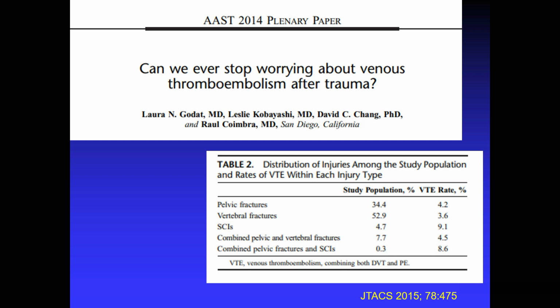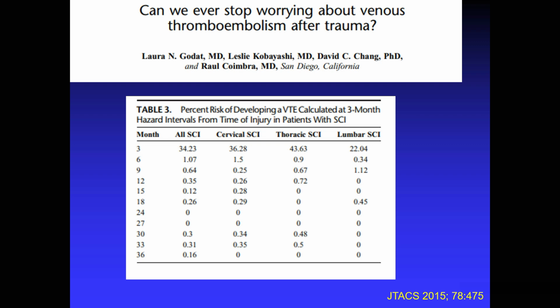The most significant vulnerability to VTE within these patients was seen within the initial 3 months after injury, as you can see here, and was actually highest with thoracic, although fairly close across the board amongst all.